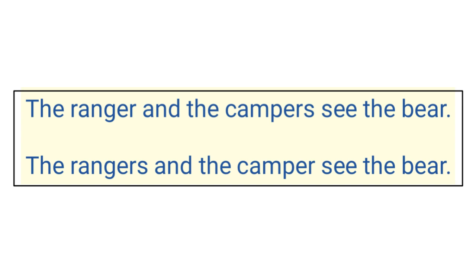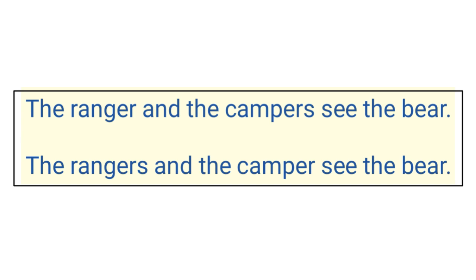The ranger and the campers see the bear. Why is it so? The ranger and the campers are combined by using and. In the first case, the ranger is singular, campers is plural, but we used the verb in its plural form, see the bear, because it is combined by using the conjunction and.